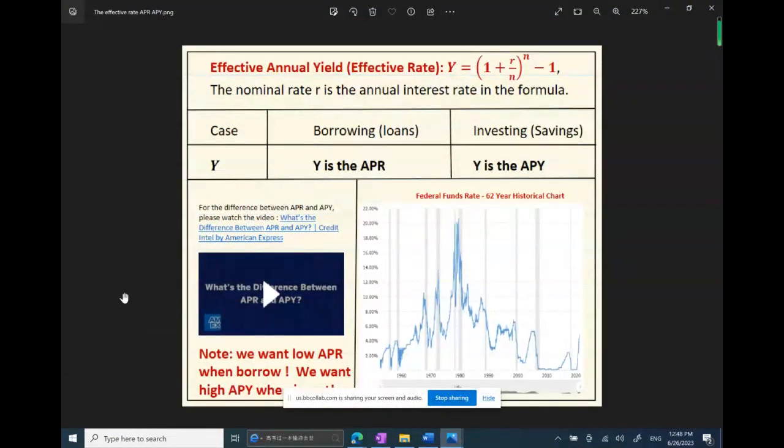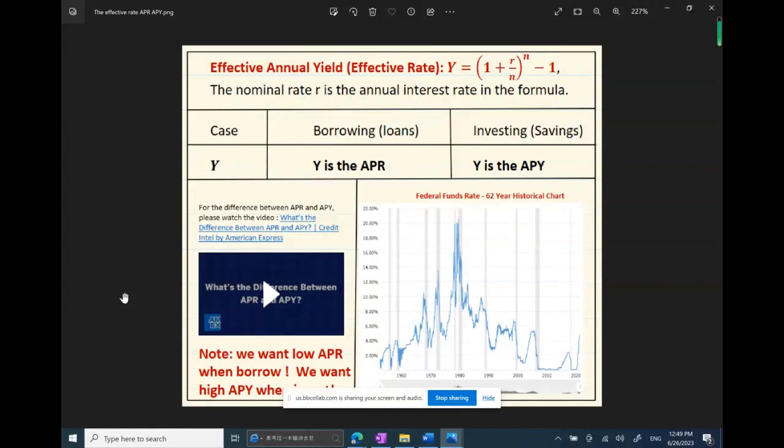In the case of borrowing, our effective rate refers to the APR. When we say APR, you buy a car, get a car loan, APR, that actually is the effective rate or the effective annual yield. When you invest, we do not talk about APR. We say APY because you invest, you want to have gains, that is yield.